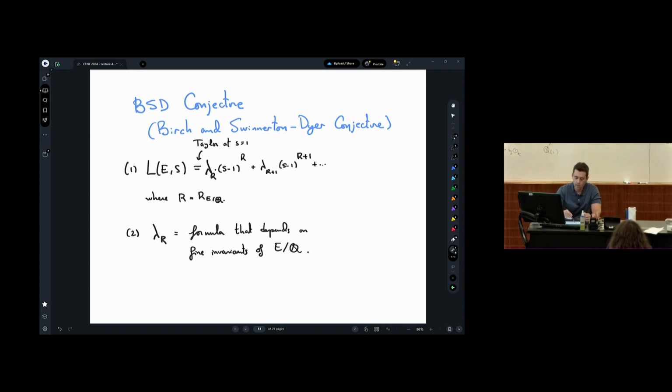And what the BSD conjecture nowadays says is that the L function can be written, the Taylor series at s equals 1 starts like this, which means that at s equals 1 there is a zero of this order, and the order of the zero is the algebraic rank of the elliptic curve. The order of the zero at s equals 1 is the algebraic rank. That's the first part of BSD.